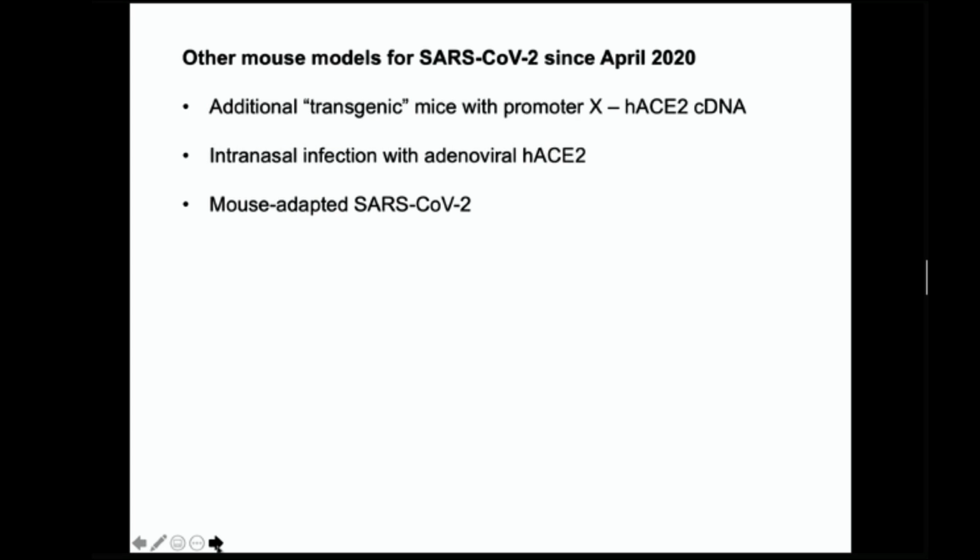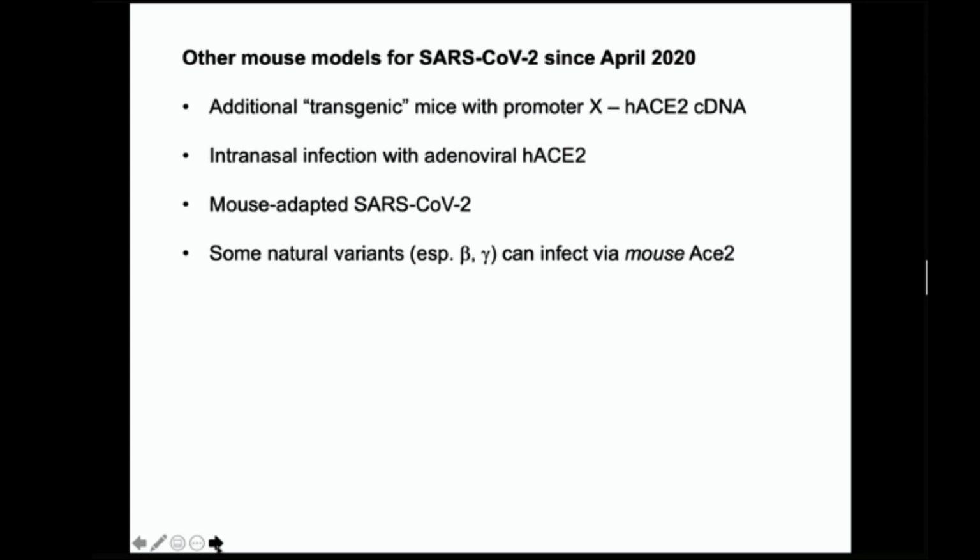There have been mouse-adapted SARS-CoV-2 isolates, basically doing serial passage of SARS-CoV-2 in mice and looking for spontaneous mutants that show up that can now infect mouse tissues. A valuable resource, although you have to wonder what that is modeling and whether that's an accurate reflection of what natural SARS-CoV-2 does in humans.